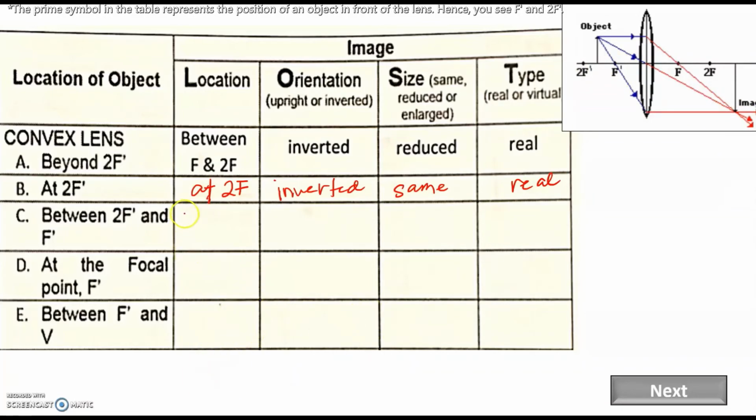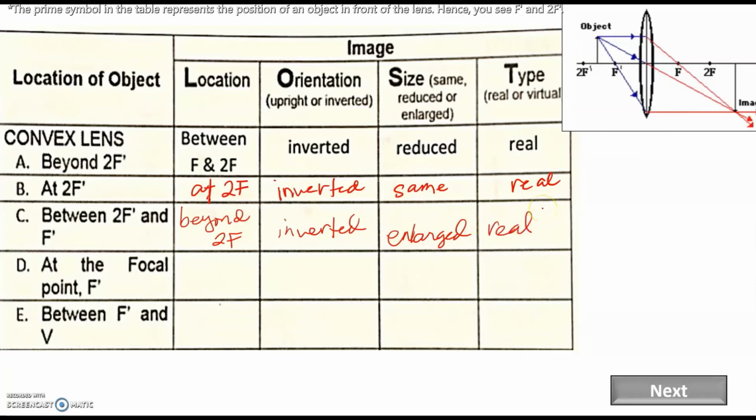So location of the image, we will write it here. It's beyond 2F. Okay. Now, how about the orientation of the image? Is it upright or inverted? So it's inverted. Okay, you can see it there. Now, for the size of the image, you compare the size of the image with the size of the object, it is bigger or enlarged. And then the type of image is real.